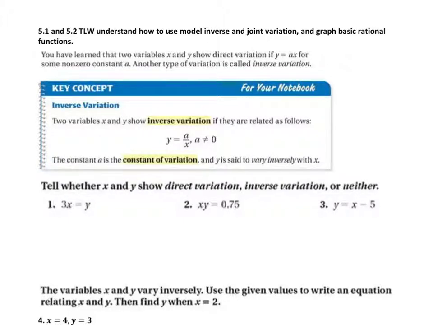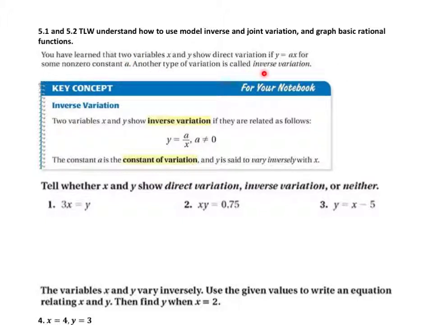Alright guys, today's goal: the learner will understand how to model inverse and joint variation and graph basic rational functions. Two variables x and y. So you have learned two variables x and y show direct variation if y equals a times x for some non-zero constant a.